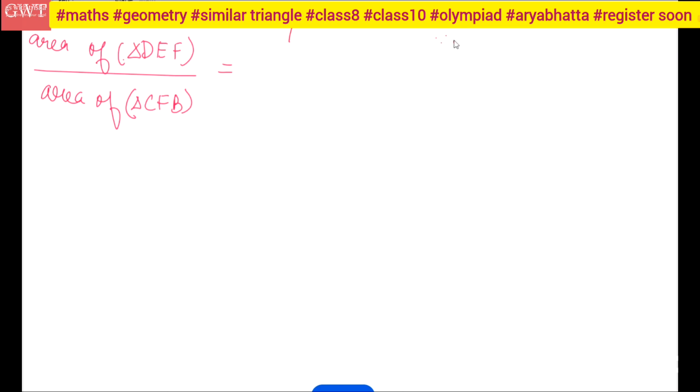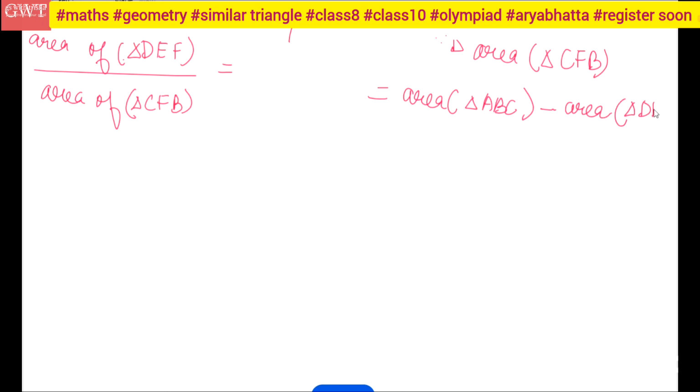So I will say area of triangle DEF divided by area of triangle CFB is equal to, how can I find out? I will use one trick over here. Area of triangle CFB is equal to area of triangle ABC minus area of triangle DEF.